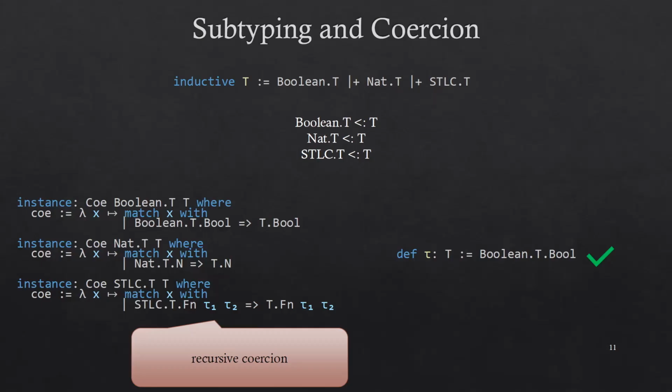These three instances are automatically generated as a part of the implementation of this operator as well. So we now have coercions from the subtypes to the newly defined supertype. So we can write something like this safely, and this type checks.